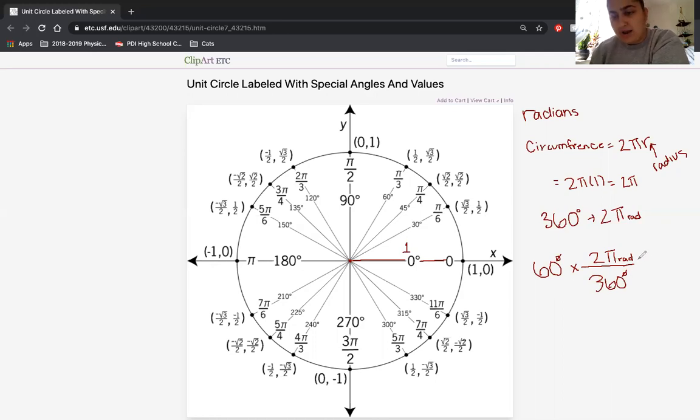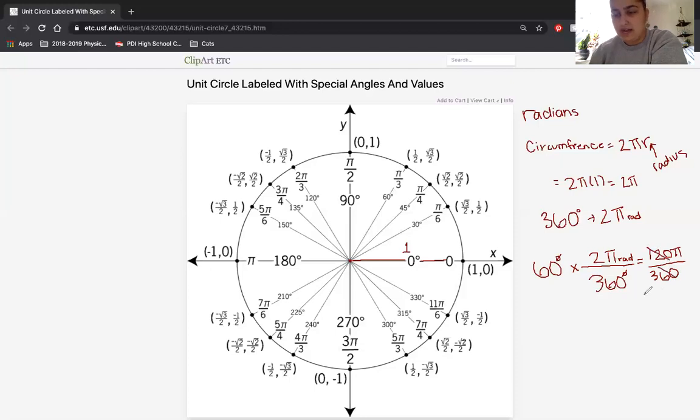So I'm going to multiply it out. 2 times 60 is 120, so I have 120 pi, and we just keep pi normal. We don't need to put it in our calculator. So I have 120 times pi over 360. How many times does 120 go into 360?